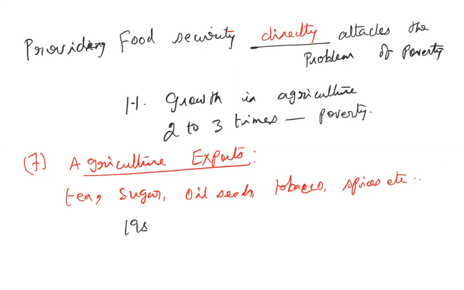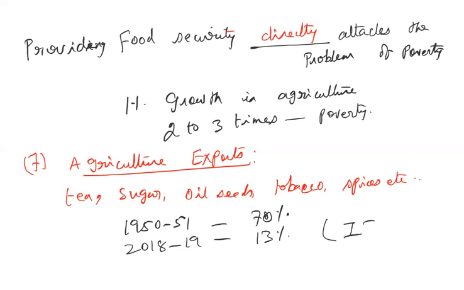In 1950-51, the share of agricultural exports out of the total exports was 70%. But of course, just like the other things, this percentage has come down to 13% in 2018-19. This is mainly because of exports from other sectors, especially IT exports.